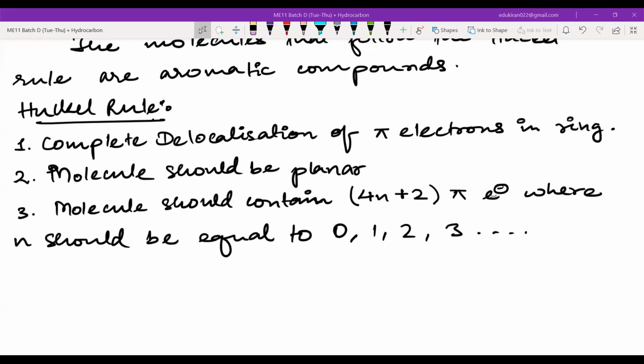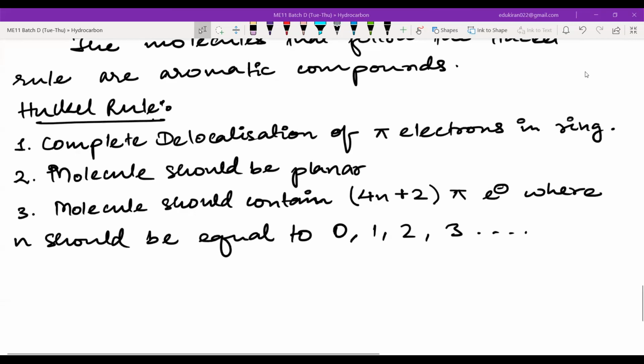Okay, fine. So you understand what is complete delocalization of pi electrons? There should be resonance. You guys understand? Yes. Okay, fine.